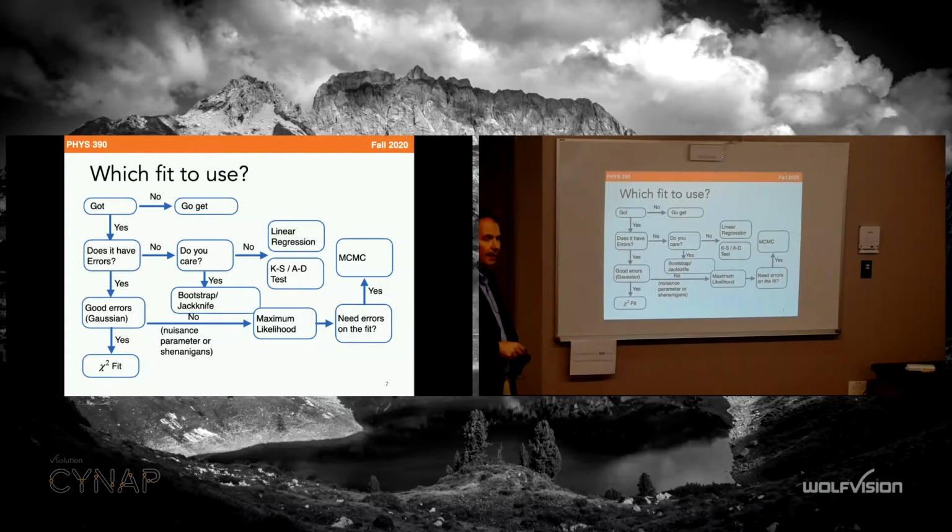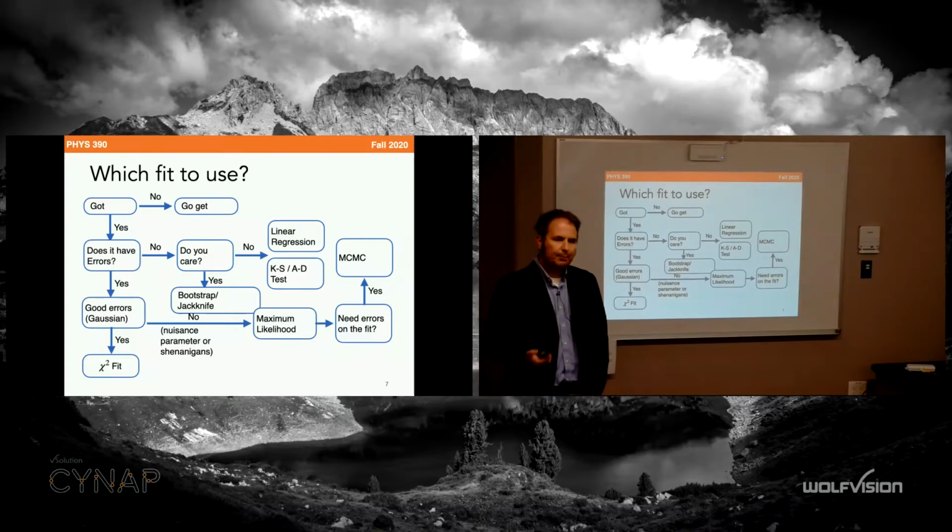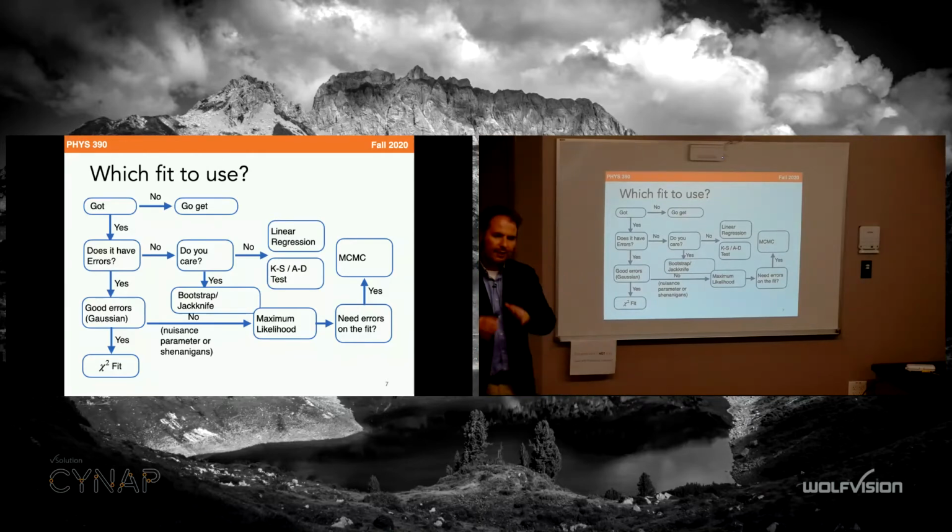But then do you need errors on that? Then MCMC is your new friend. Because essentially it's the same as a chi-square fit, but it's no longer assuming Gaussian errors. It's no longer taking that initial assumption that your end result has to be a mean value with a Gaussian around it.